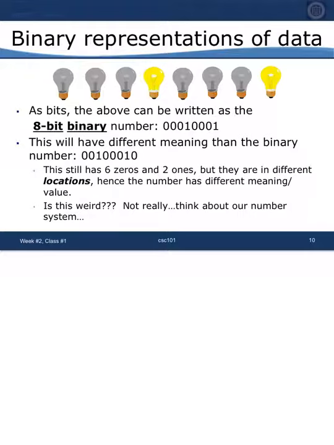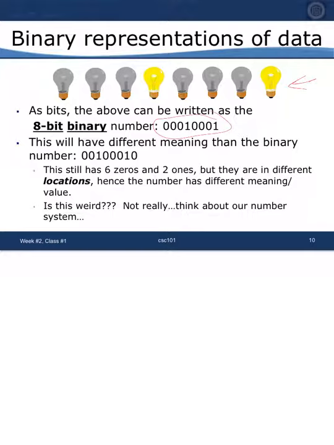I might think about the light bulbs being off as zeros and the light bulbs being on as ones, so this sequence of light bulbs corresponds to that binary number. A binary number is just a bunch of bits, which we typically group into eights. So an 8-bit binary number, something like this, 0001 0001.